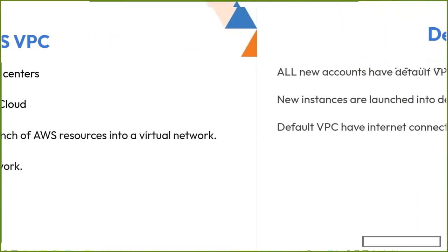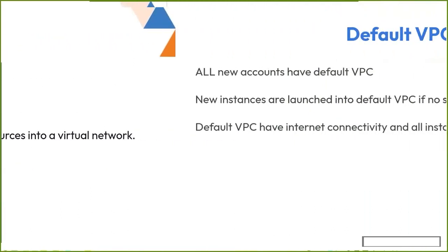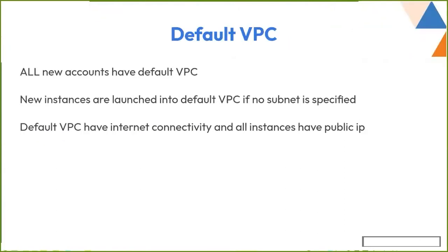When you create an AWS account, nowadays the AWS account comes with a default VPC. You don't have to create a VPC. It comes by default. You can directly launch instances, use any services, and have access to the internet.